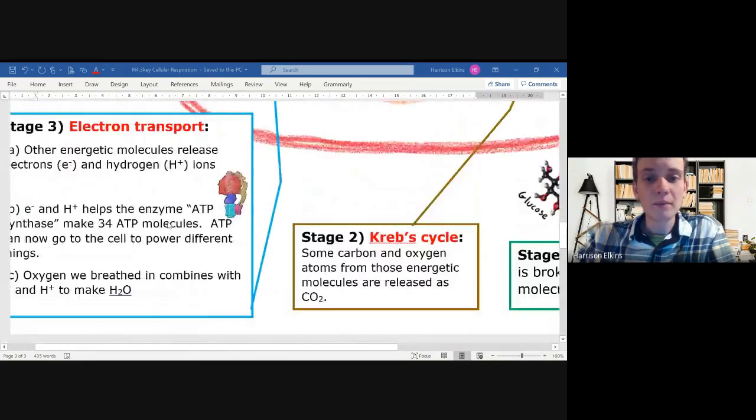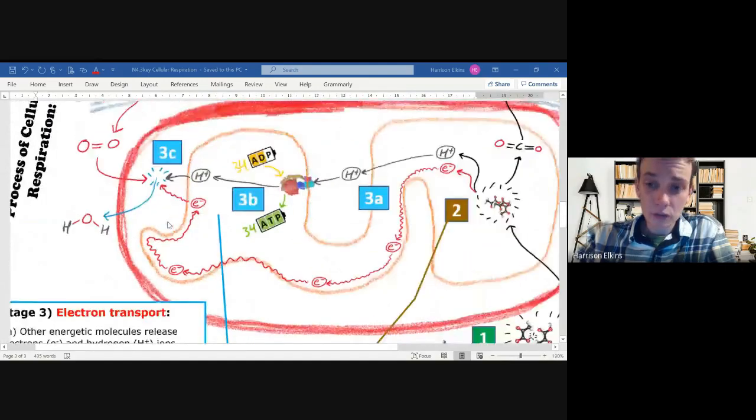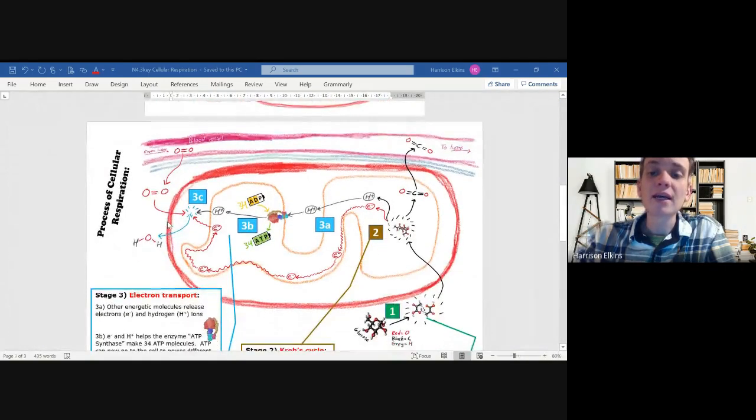As a review, remember, the reason you eat food is to get the hydrogens from your food so that it can drive proteins like ATP synthase to charge your batteries. The reason you breathe in oxygen is because you want oxygens there to catch those flying hydrogens that are coming from your burning sugar, okay?